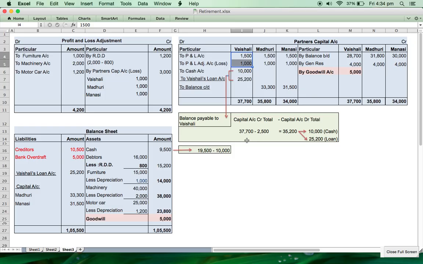So difference between these two total will be 35,200. Out of this, 10,000 would be paid in cash. So the remaining amount would be 35,200 minus 10,000, that is 25,200, which will be transferred to her loan account.